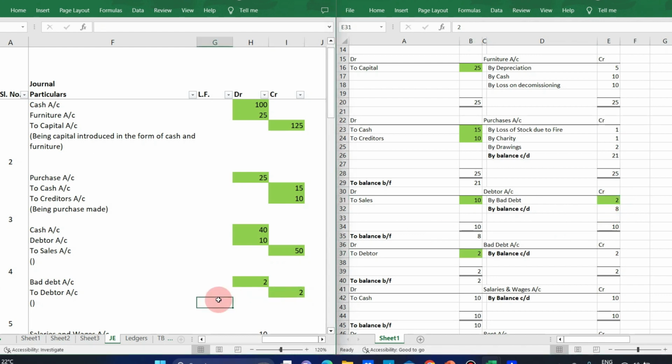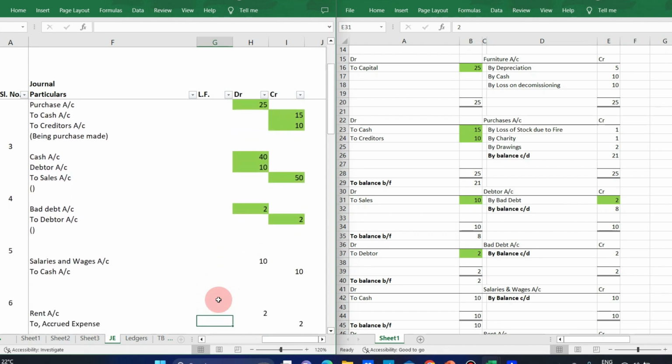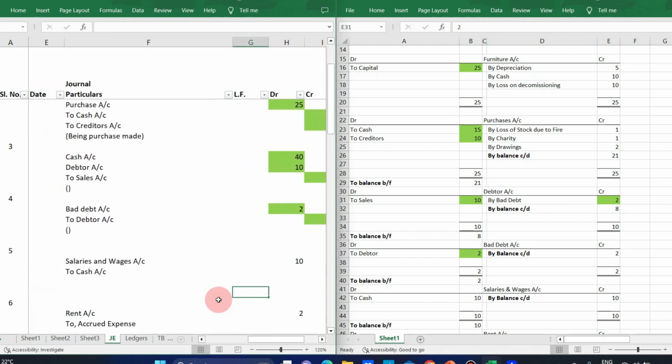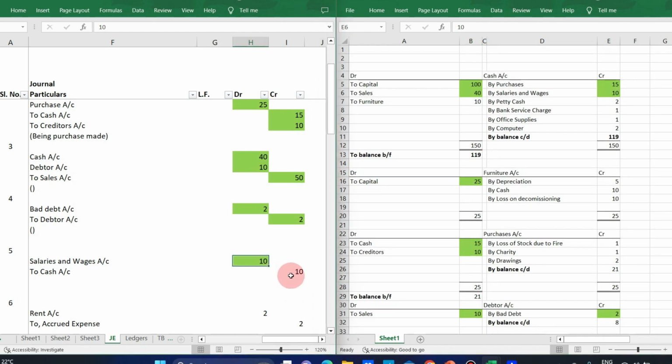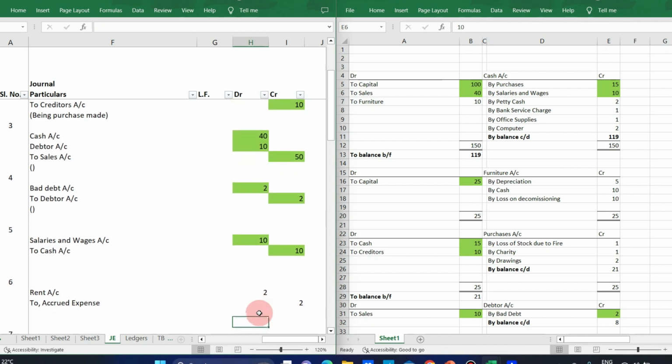Let's move to the next entry. Salaries and wages to cash. So salaries got debited. We have a salaries account. So it got debited against cash. So cash will be credited. Next entry is rent to accrued expense.